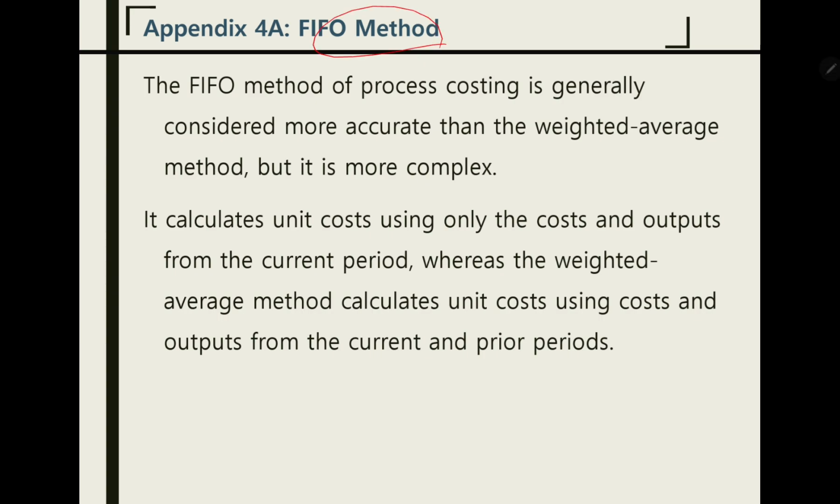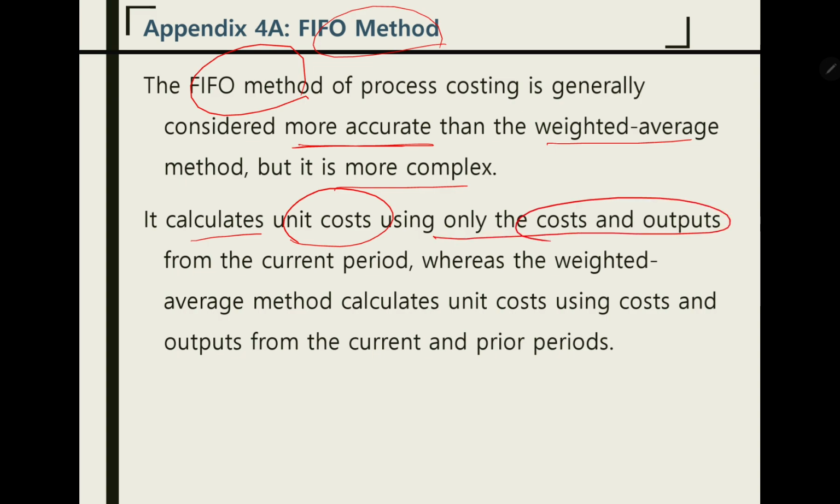First, the FIFO method. The FIFO method of process costing is generally considered more accurate than the weighted average method, but it is more complex. The FIFO method calculates unit cost using only the costs and outputs from the current period.